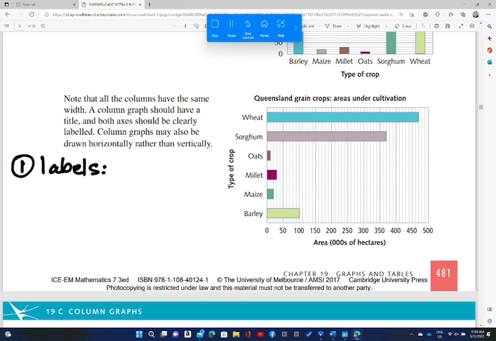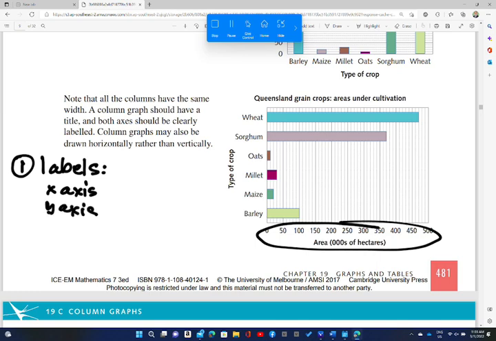It's just a bunch of things on a chart that have no meaning. And you must label your x-axis. From our previous graphing, which one's the x-axis? The horizontal one, the bottom one, that's your x-axis. You must label your y-axis. That's the vertical one.